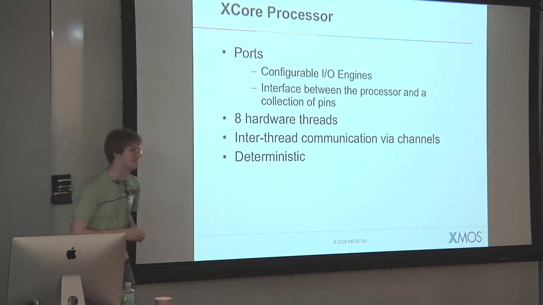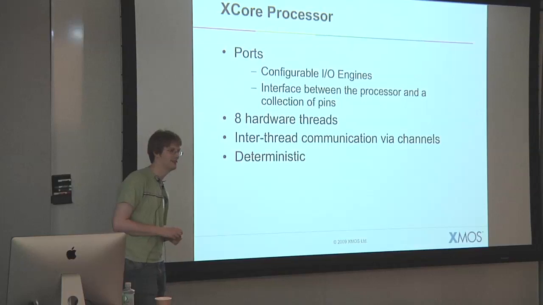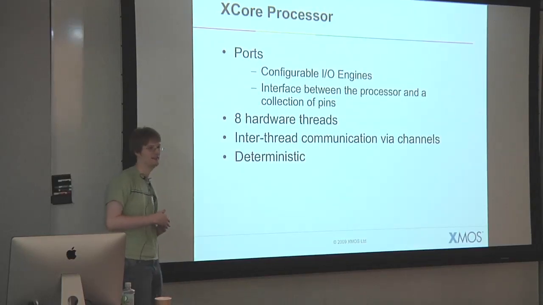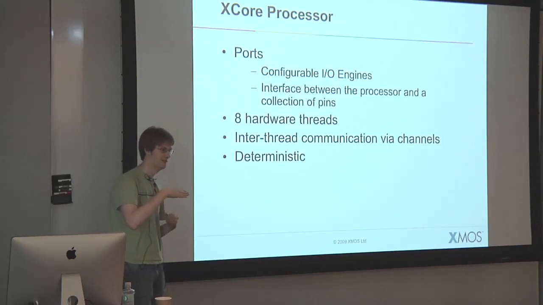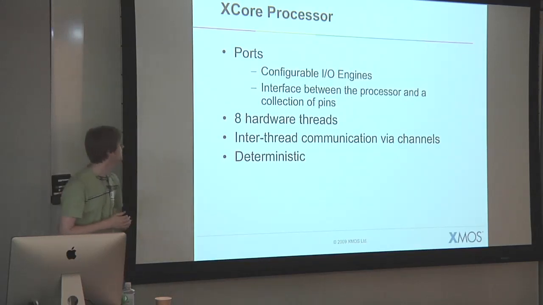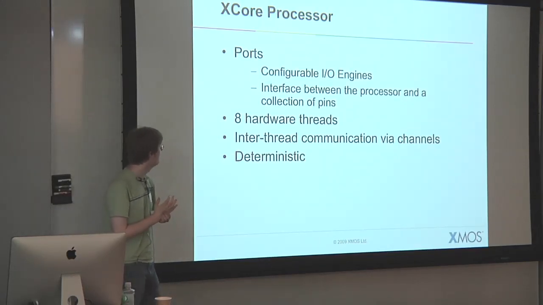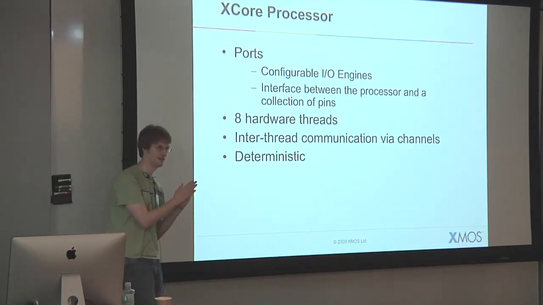The XCore has been designed to be deterministic. So what I mean by that is, if you take a sequence of instructions, you want to be able to reason about its worst case performance. So the implementation of the thread scheduling and instruction fetch and memory fetches means that one thread can't interfere with another thread's execution.